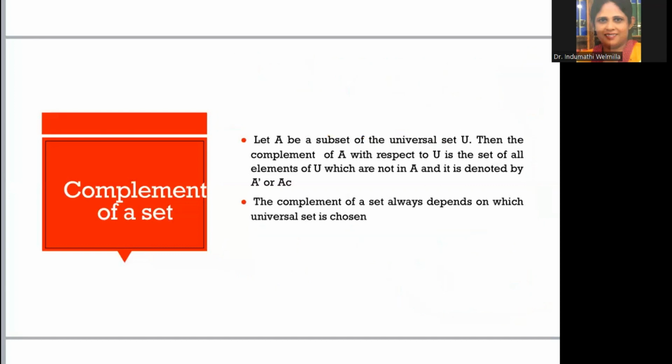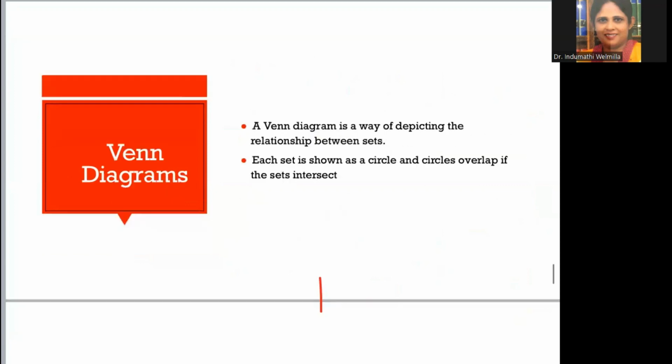Next, Venn diagrams. This is the most important section in set theory. Venn diagrams are a useful way of visualizing relationships between sets.